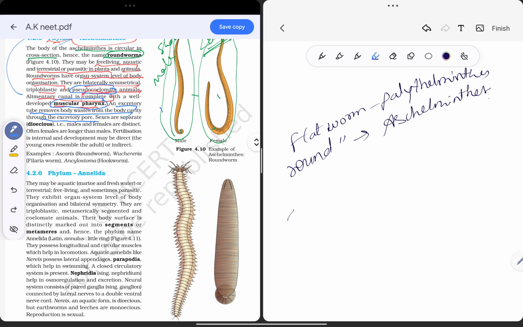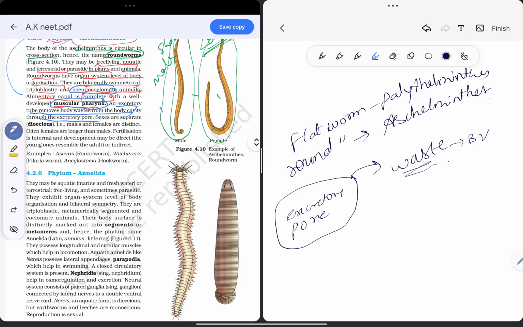An excretory tube removes body waste from the body cavity through the excretory pore. Who has this excretory pore? Aschelminthes, which removes the body waste from the body cavity. Sexes are separate, dioecious. So remember, dioecious means sexes are separate.